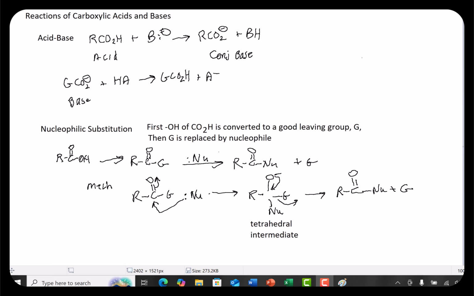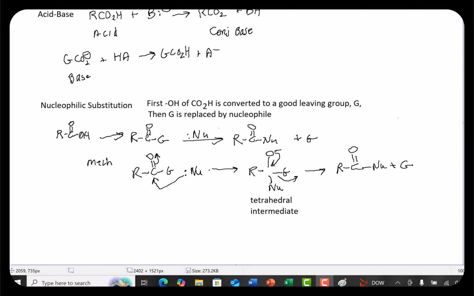What I want to go over now is to review the major reactions of carboxylic acids. Let's begin. As implied by their name, a carboxylic acid is acidic. It's classified as a weak acid, and a weak acid will react favorably with a strong base.